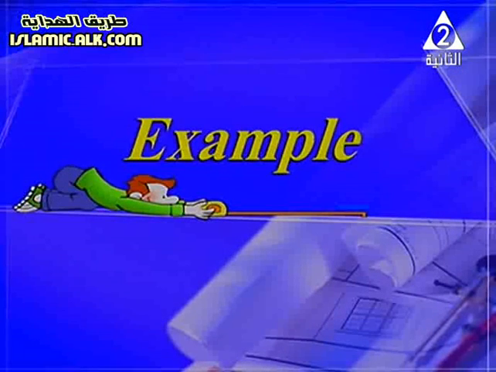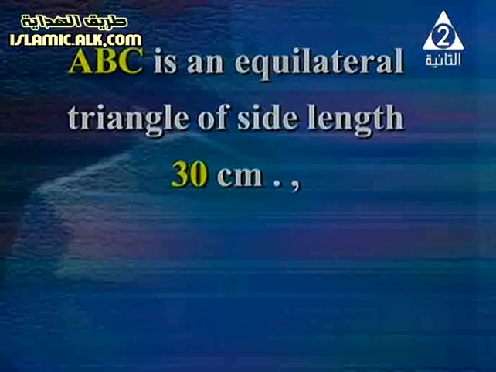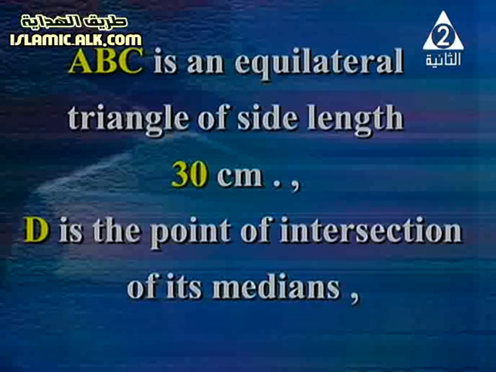Now we move to an important example. Dear student, if we have ABC, an equilateral triangle of side length 30 centimeter. Remember, dear student, if we have an equilateral triangle ABC, what is the center of ABC?